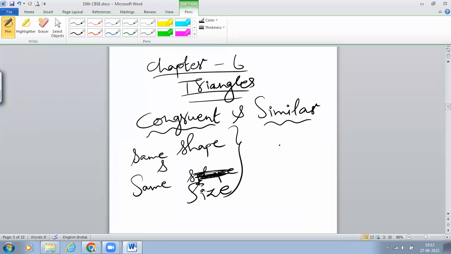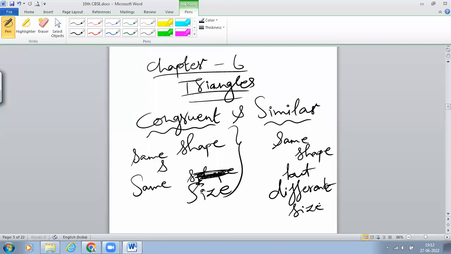Now similar means the shape is same, but the size is different. An example is, suppose your school has a uniform shoe.